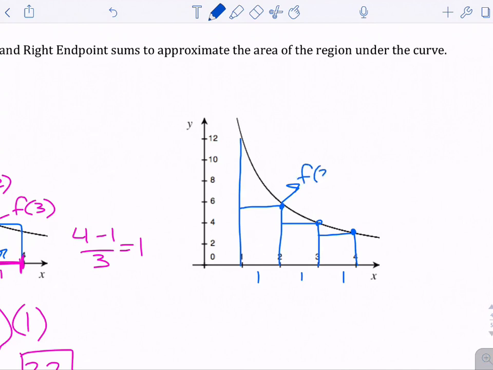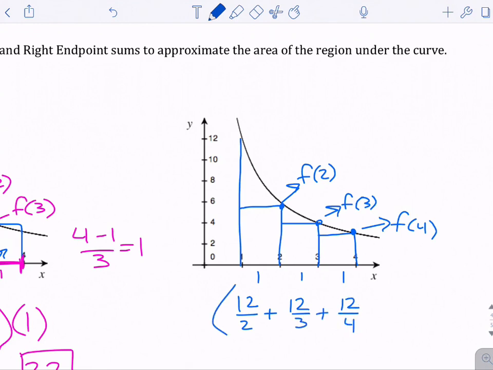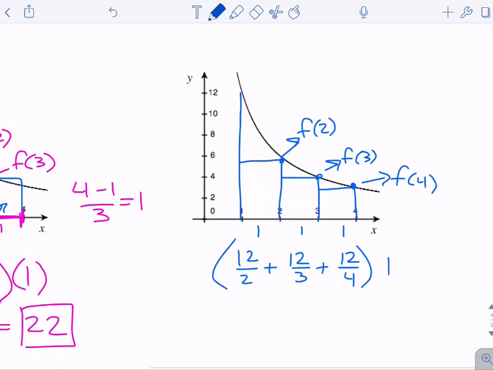So this is going to be f of 2, f of 3, and f of 4. So we're going to have 12 over 2 plus 12 over 3 plus 12 over 4, all that multiplied by the common width of 1. So all in all, we're going to have 6 plus 4 plus 3, or 13.